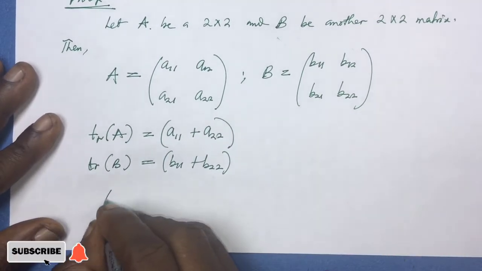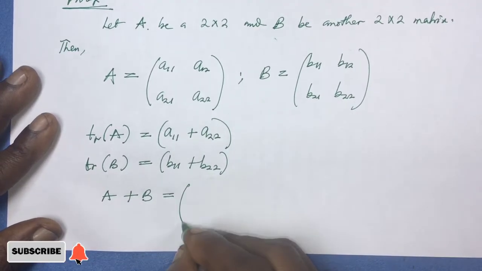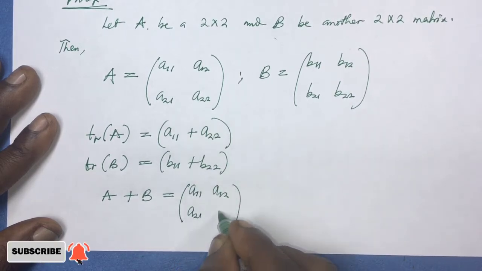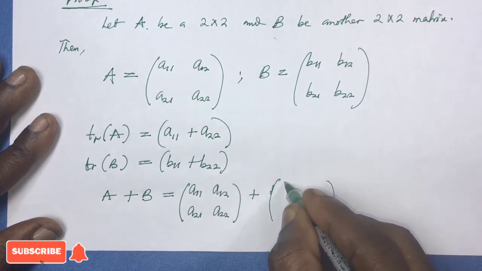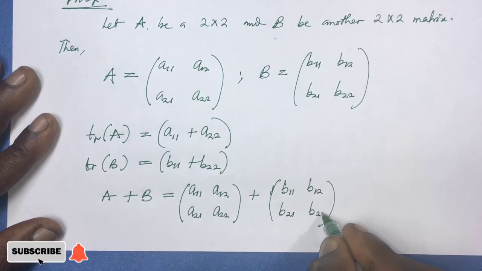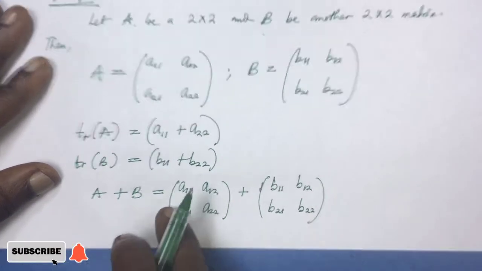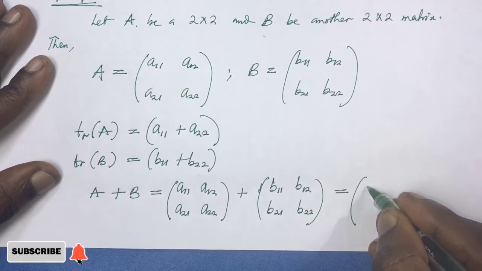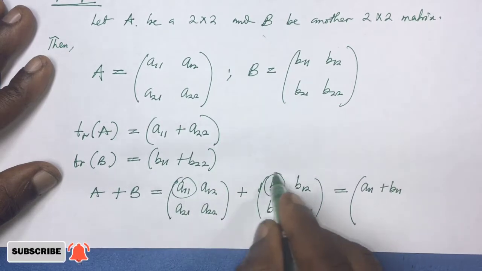Now let us add A plus B and thereafter take its trace. If you remember what we had discussed on addition of matrices, how do you add matrices? You add elements occupying corresponding positions. So for us to get the trace of A plus B, we must add A to B. The addition will give you A11 plus B11, because they are occupying the same position.